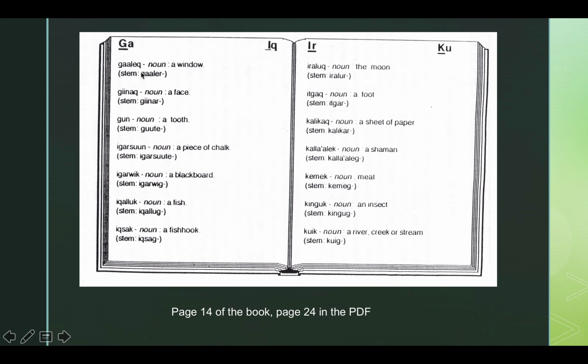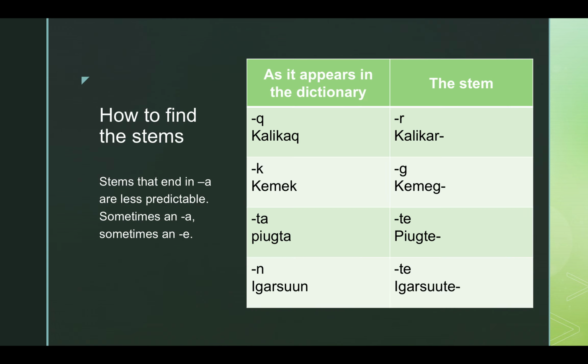Chaluk ends in a Q, the stem ends in an R. Chinak, the noun ends in a Q, the stem ends in an R. So these are pretty much how it is. The stem is directly related to the last letter of the noun as it appears in the dictionary.